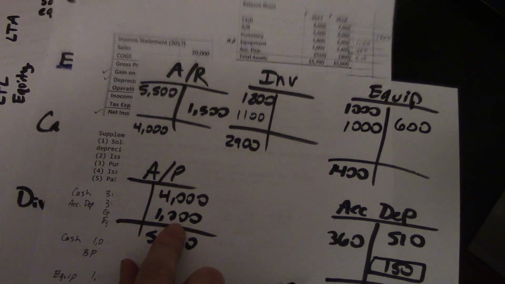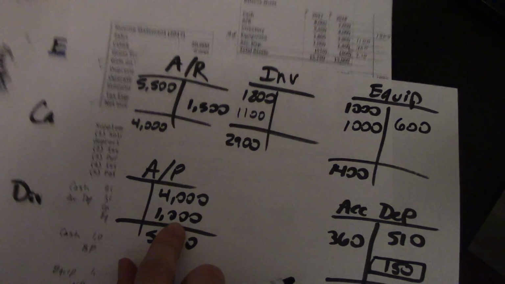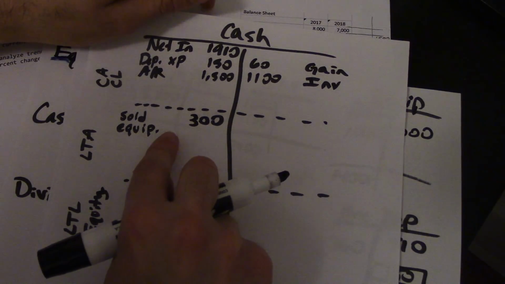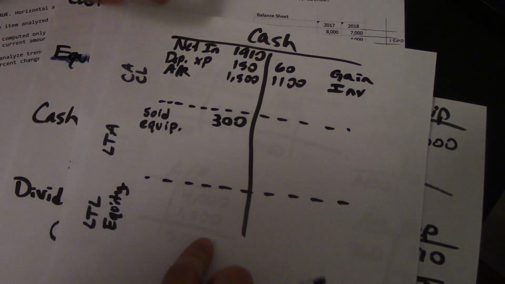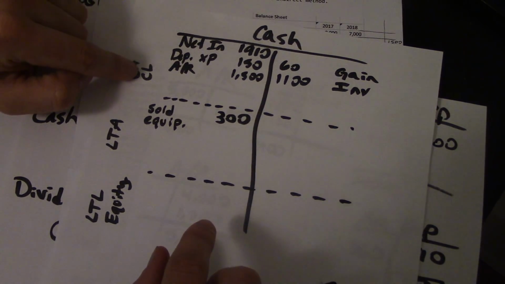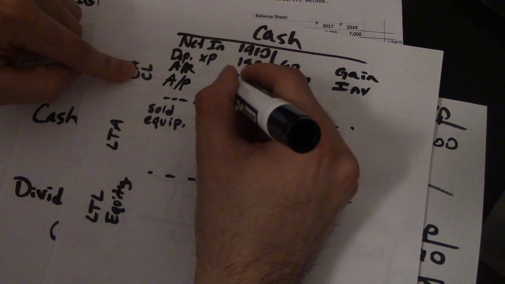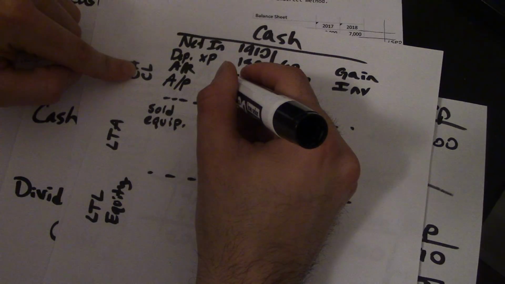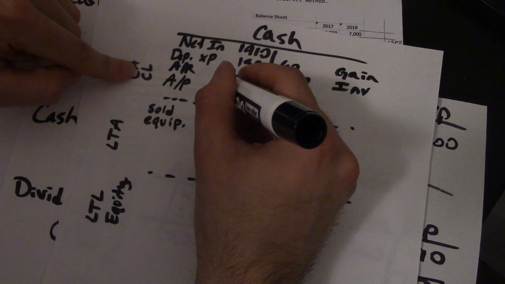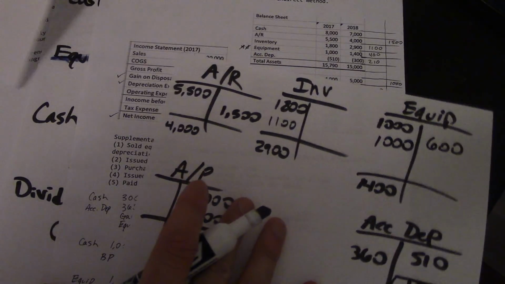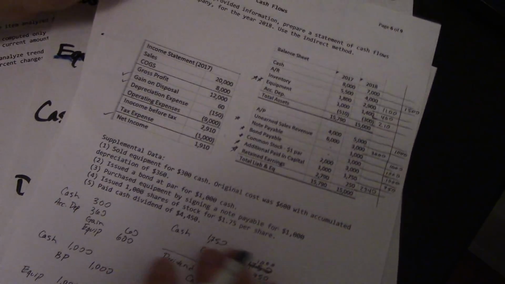If we're crediting accounts payable by 1,000 bucks, that means we're going to debit cash by 1,000 bucks. And in which section? Accounts payable is a current liability, so it's going to go in the operating section for 1,000 bucks. There we go. So we got accounts payable done.